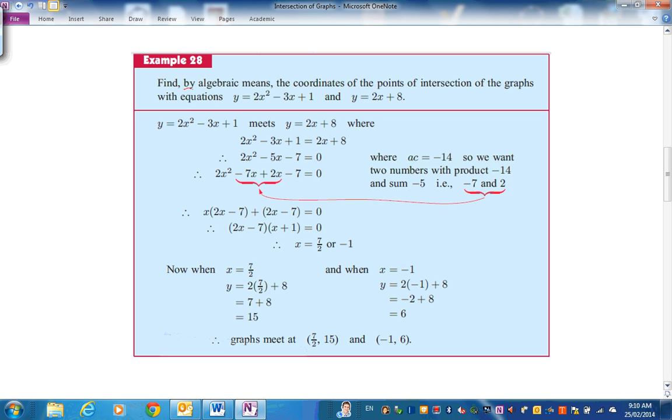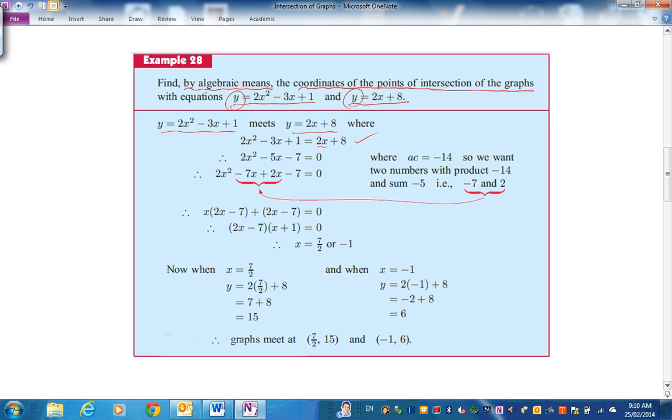So find by algebraic means the coordinates, that's the x and y, of the points of intersection. So it's where these two have a common point. So we will put the y's equal. Okay, so this one meets this one where the two y's are equal.